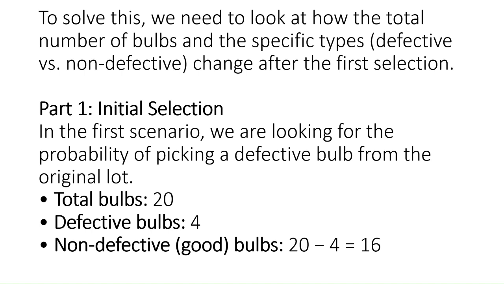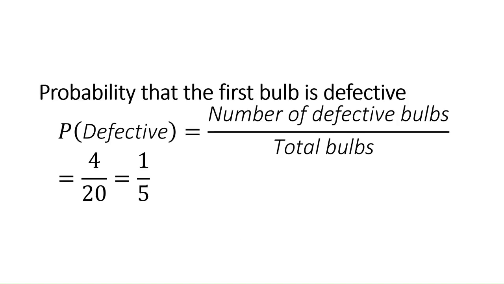So what is part one given here? In the first scenario, we are looking for the probability of picking up a defective bulb from the original lot. Here total bulbs are 20, defective bulbs are 4, non-defective bulbs are 20 minus 4, that is 16. Now we are going to find the probability that the first bulb is defective.